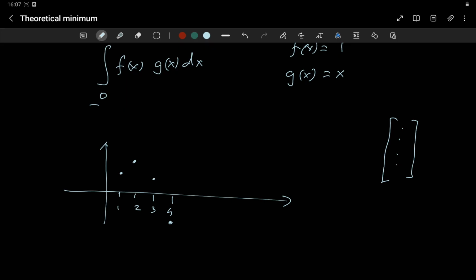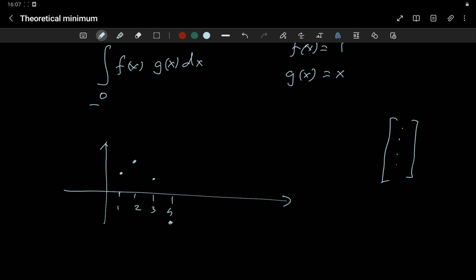Then you squeeze all those points together, and the gap between the points will vanish and they will come together. When they come together they form a continuous curve, and that continuous curve is a vector. In that manner you can think of a function as a vector.